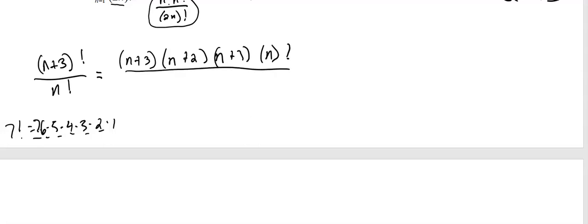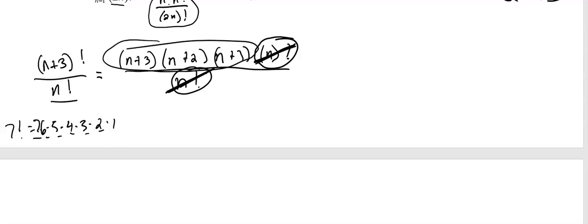So notice my denominator has an n factorial here. Well, this guy and this guy both give us the n minus 1, n minus 2, n minus 3. So once I get to this n factorial, I'm going to stop so that it would cancel this n factorial, and every term after that would also have to be getting canceled. And all we would be left with is n plus 1, n plus 2, n plus 3. That's how we're going to have to simplify our factorials.